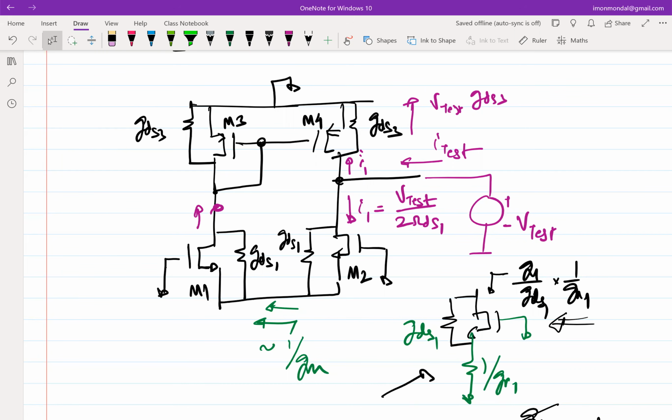Okay, fine. Note that this incremental current is flowing into M2, which means it is flowing out of M2 also, so this will also be equal to I1. It is flowing into M1, which means it also comes out of M1, so this also has to be equal to I1.